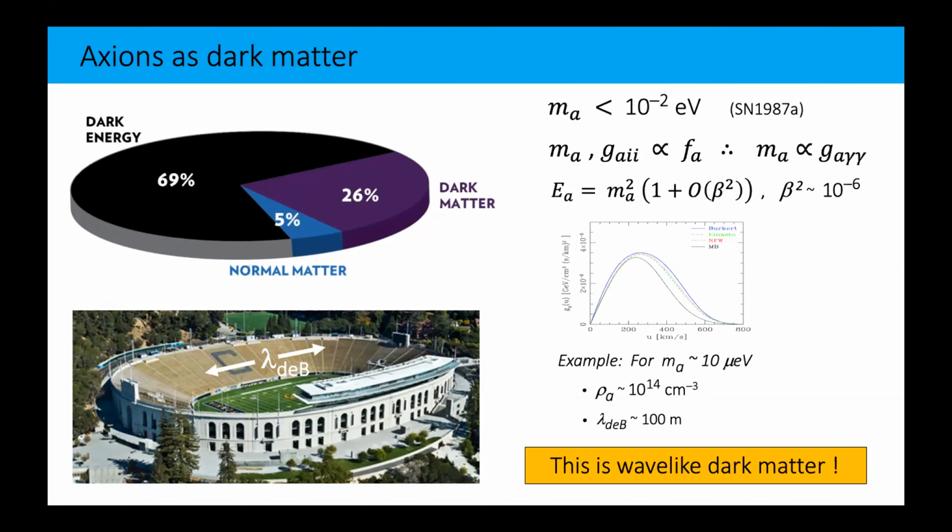Up until a few years ago, we believed that our job was somewhat easier and that there was a lower bound of around a micro-electron volt due to the overclosure problem, that in the vacuum realignment mechanism you would overproduce axions that are too light.